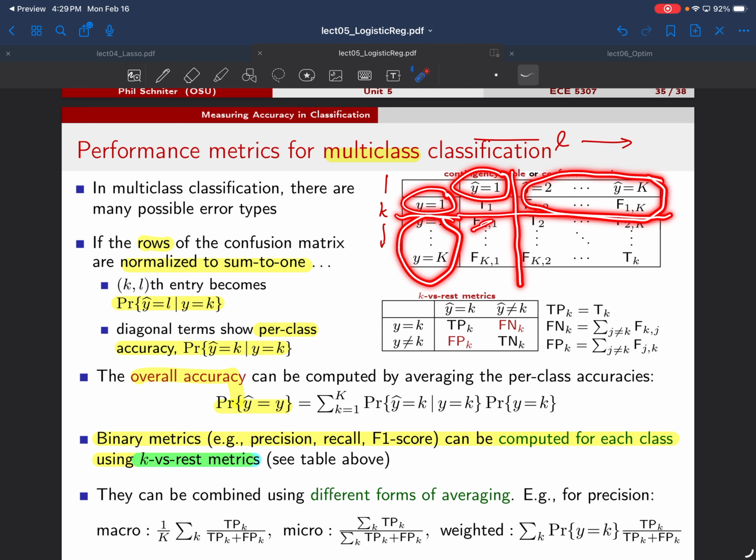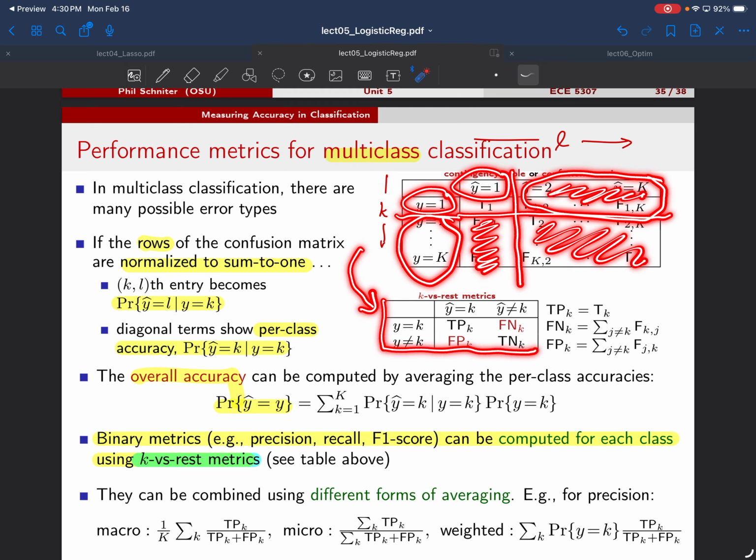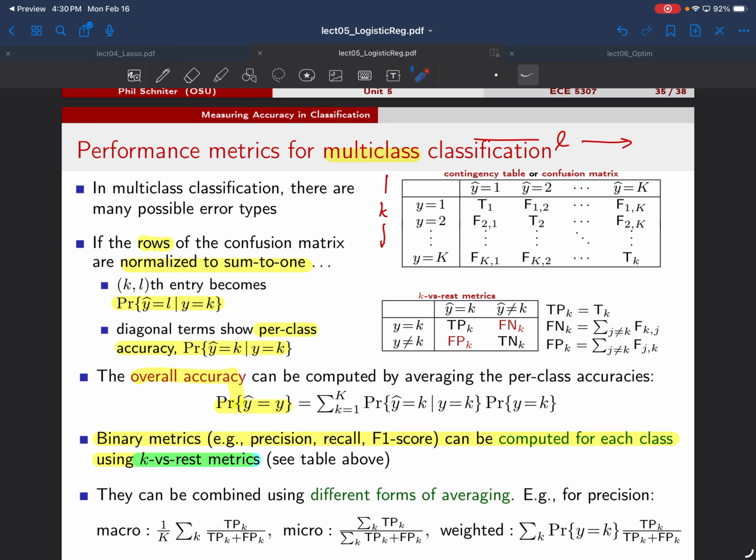Then we sum all these together, sum all those together, and that takes us to a nice 2 by 2 table where we have y hat equals k, y hat not equals k, y equals k, y not equals k. And now that we have boiled it down to this 2 by 2 case, we can do all the stuff we talked about before, but it becomes class specific.